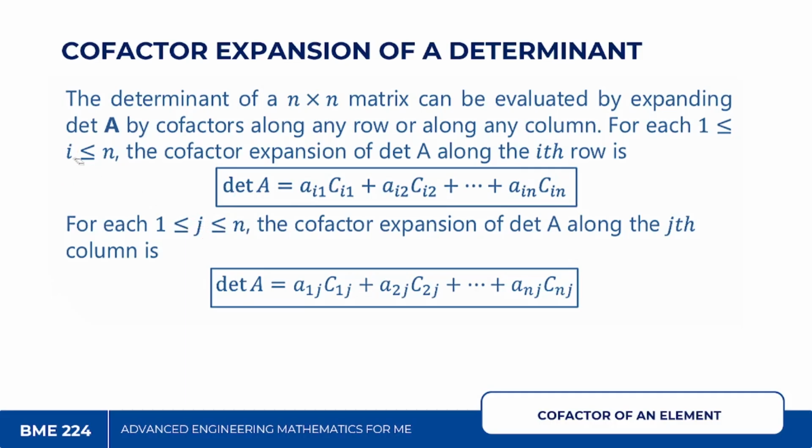Actually, you no longer need to memorize this, because the determinant of A can be solved using those previous examples that I have given you. This is just an expansion, using cofactors in evaluating the determinant of a matrix. Okay? But we will be using this concept later.